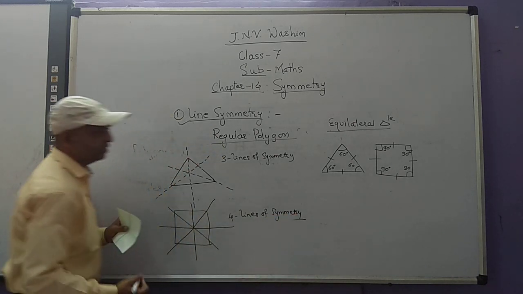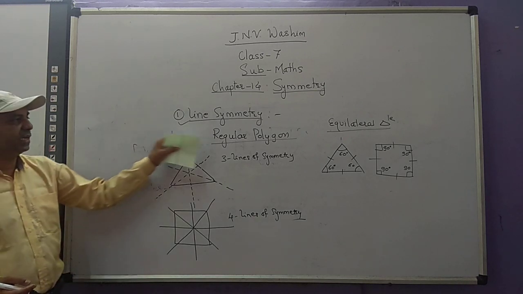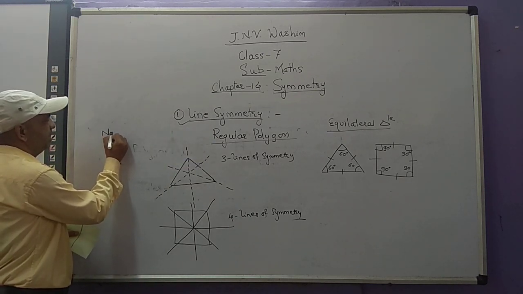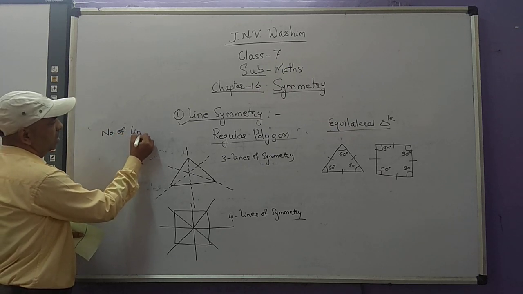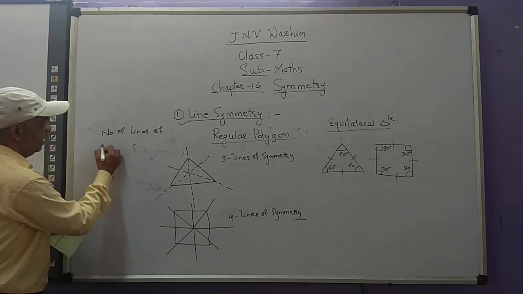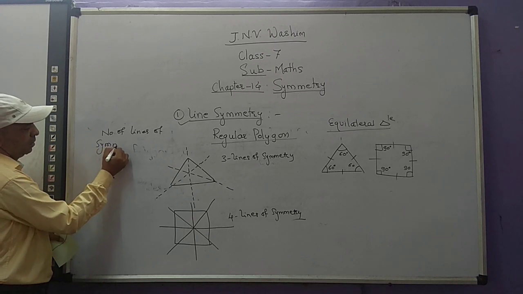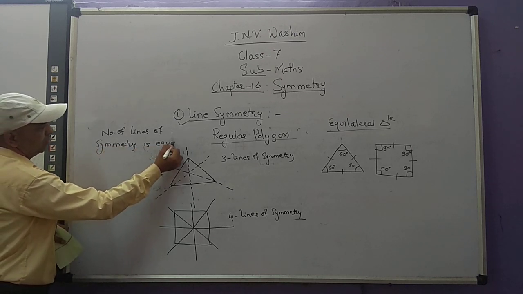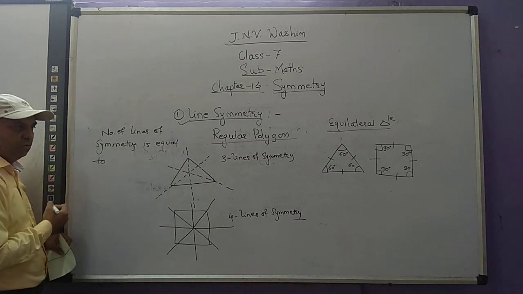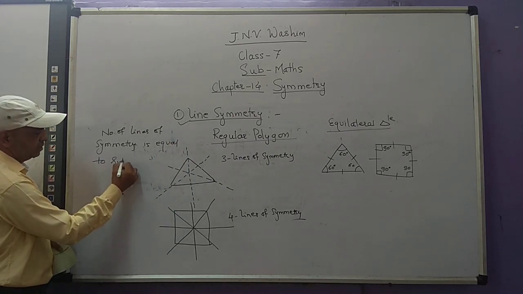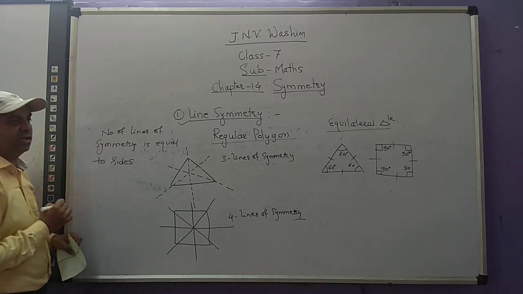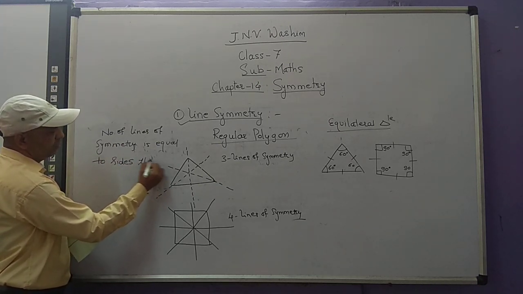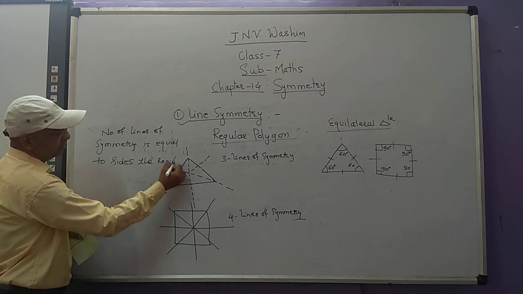So it is very interesting that, remember, in case of a regular polygon, the number of lines of symmetry is equal to the number of sides the regular polygon has.